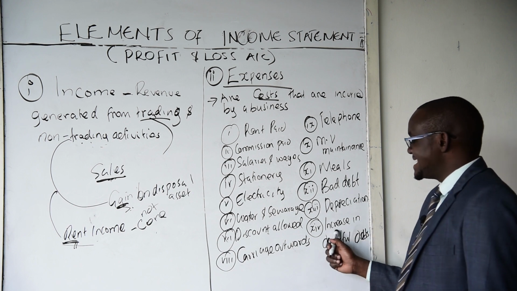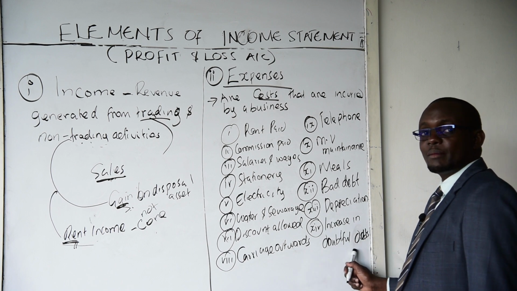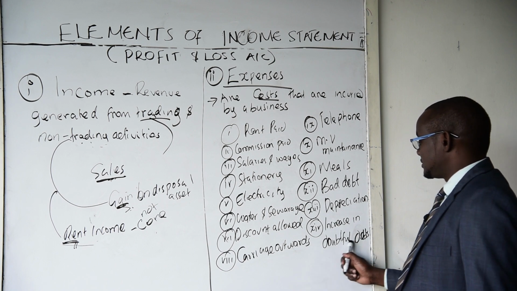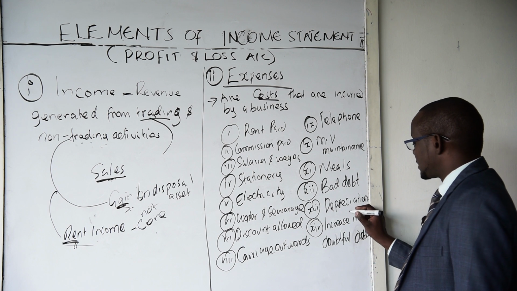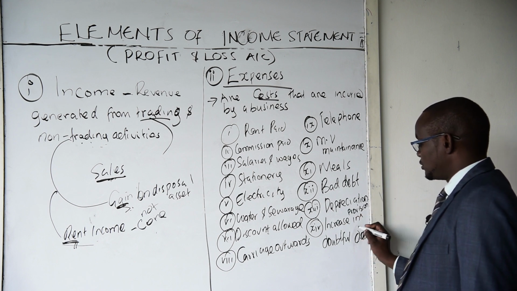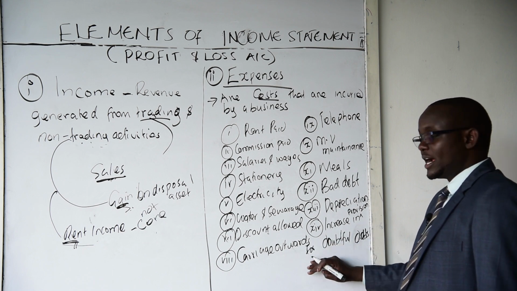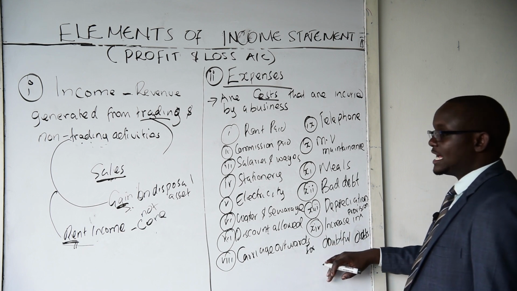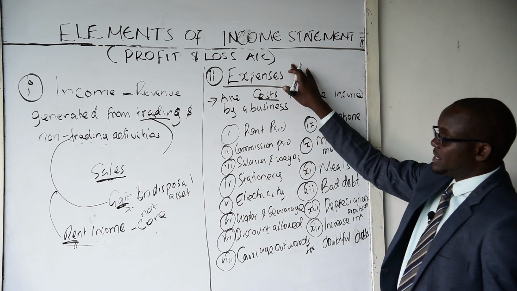We talk about increase in doubtful debts because this is a provision you make. Increase in provision, we can just be specific: increase in provision for doubtful debts. When you had made a provision for doubtful debts and that provision increases, it is an expense.